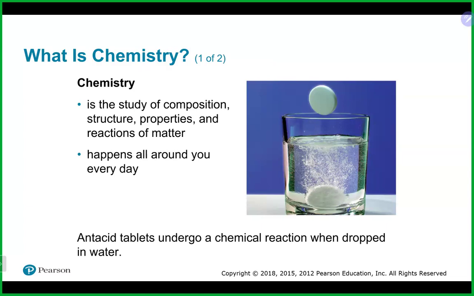When we plop, plop, fizz, fizz, as we see there, it's a little bit of Alka-Seltzer. That's actually a chemical reaction happening when you do that. It's also why you take something like an antacid, because it's reacting with the acid that's in your body. And that is also a chemical reaction, a neutralization reaction that is happening.